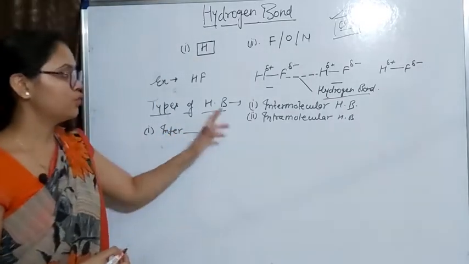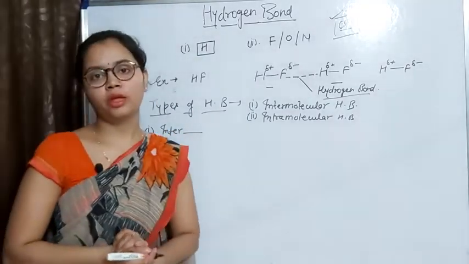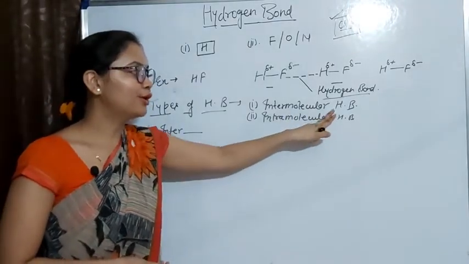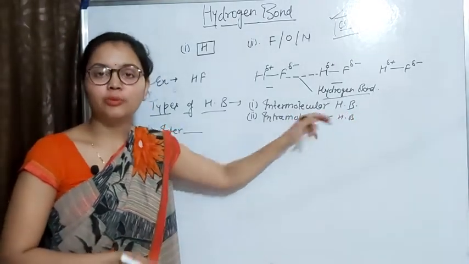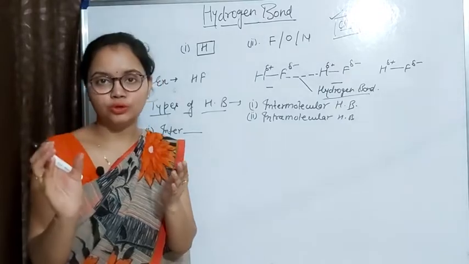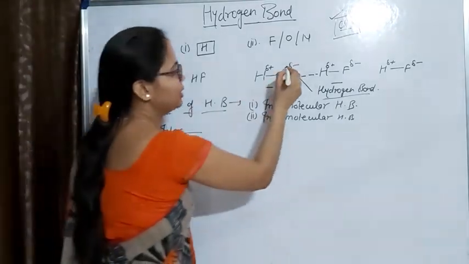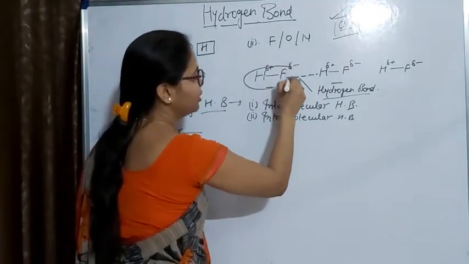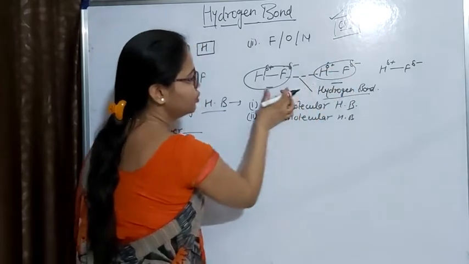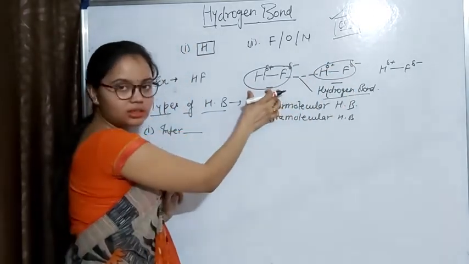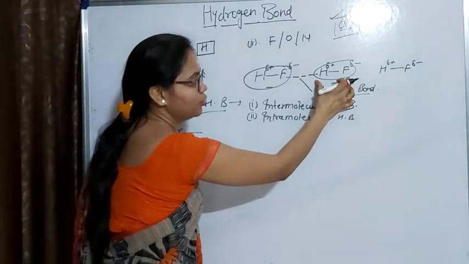Let's take the first point, intermolecular. So what is an intermolecular hydrogen bond? Actually, it is when the hydrogen bond forms between two different molecules. As you can see here, hydrogen bond is forming between two HF molecules. This is one molecule and this is another molecule of HF.